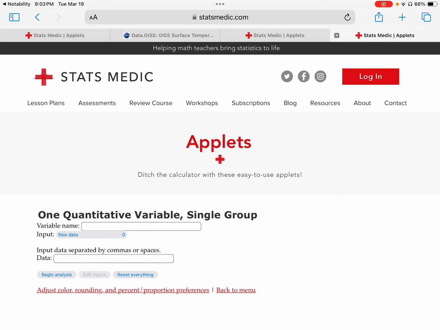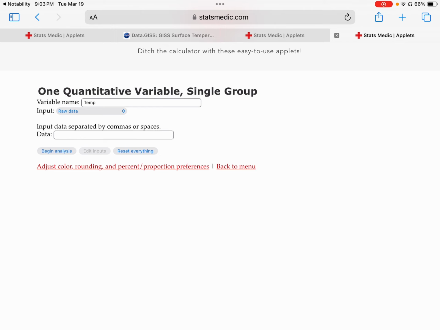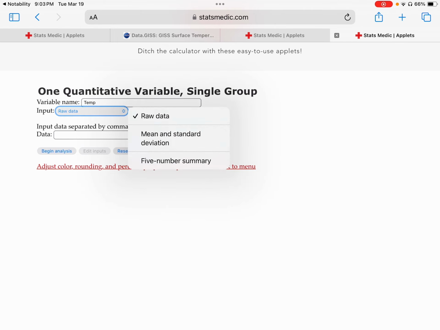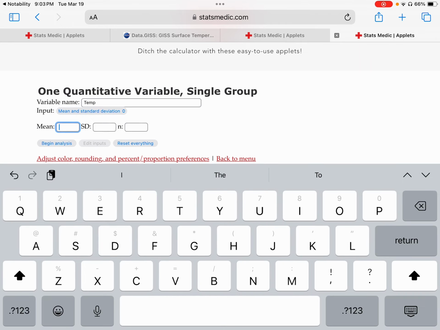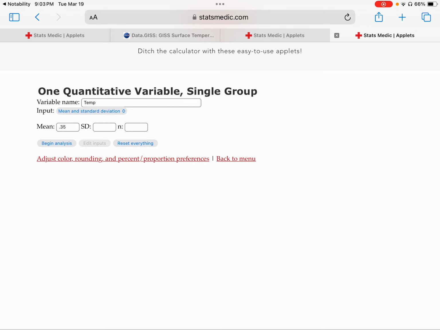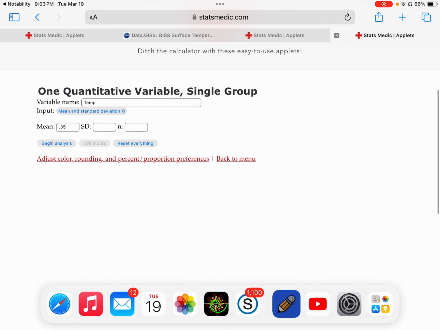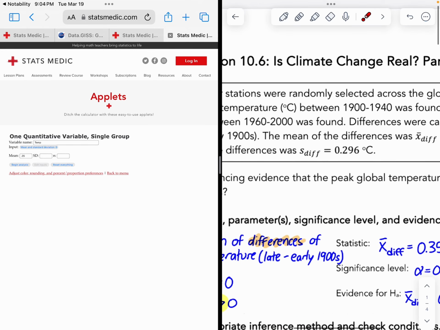And now here we've got temperature. Now we're not going to enter the raw data because we don't have it. We're going to choose mean and standard deviation and then enter what they gave us. 0.35, and the standard deviation that they provided was right there.